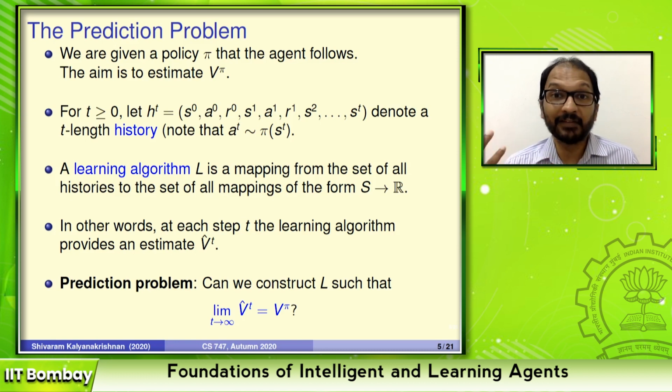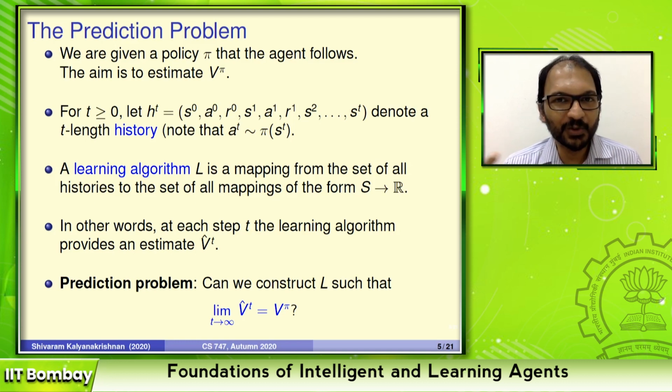Now, can we solve these problems? Is it even reasonable to expect that you can have learning algorithms that can solve the prediction and control problems? More or less, yes, but we have to be a little bit careful. In the following sense, that's what's coming up on the next couple of slides.